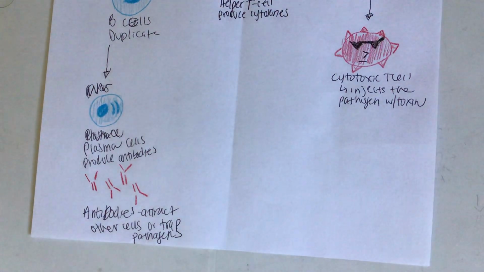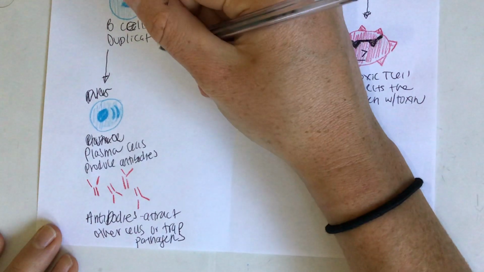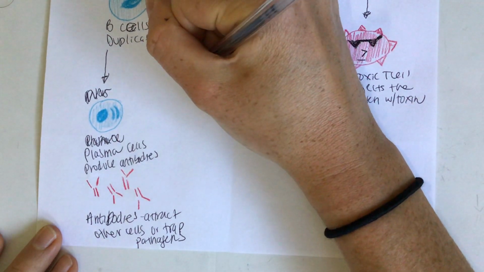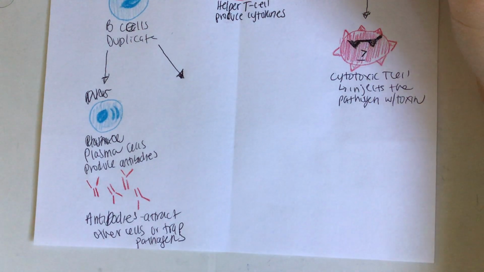Okay. So those B cells up above can also differentiate into memory B cells. And this is where we get that immunity, so that if you get infected with the same pathogen a second time, it won't affect you.